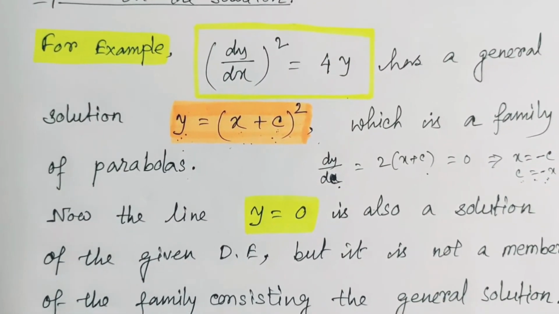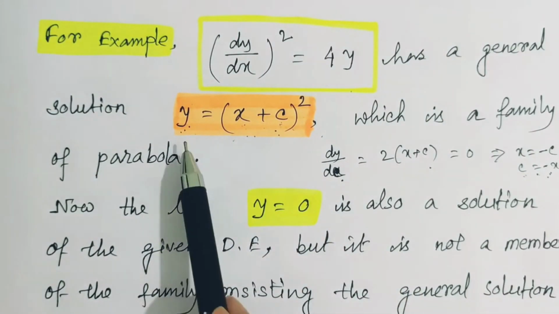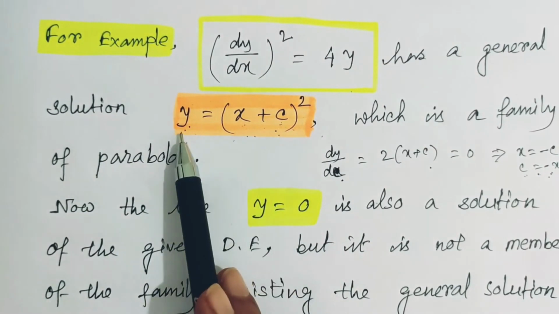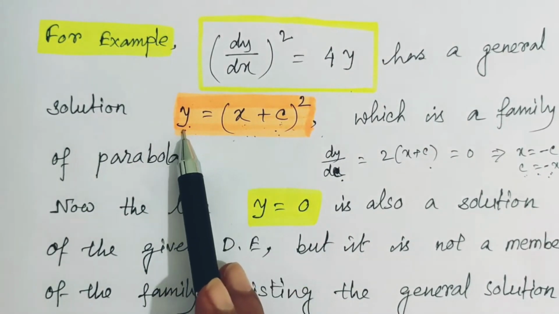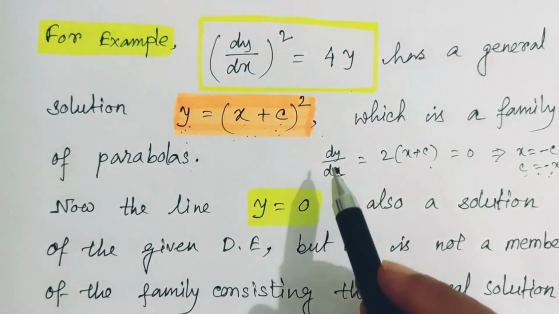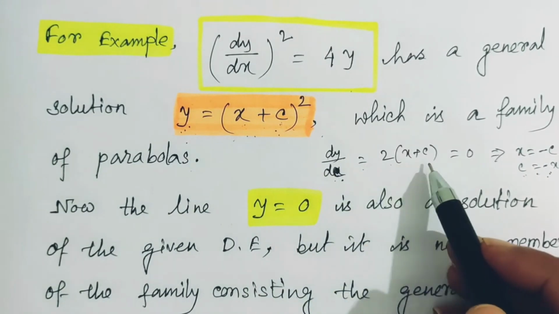So this is our given general solution. From there we should find the maximum or minimum value of y with respect to c. At first, we take the derivative of y with respect to c, and we find dy/dc = 2(x + c).